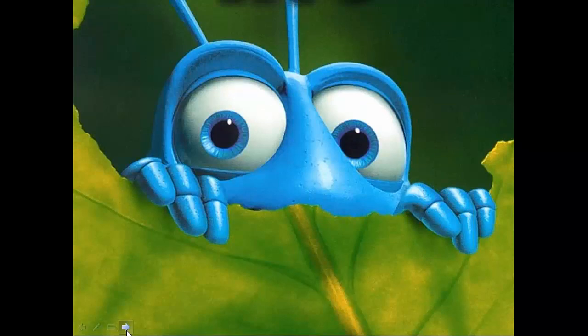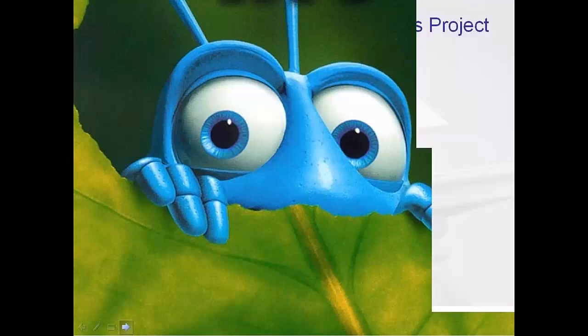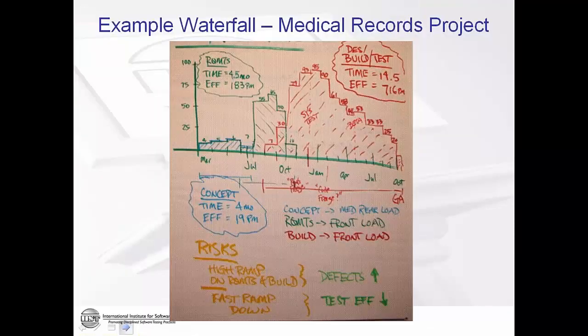And let's start off with bugs on how not to do it. So what's a bad scenario? This happens to be a sketch, hopefully you can read my scribble of my handwriting, of a client that had a very difficult, painful scenario when it came to an explosion of defects. It happened to be an electronic medical records project.